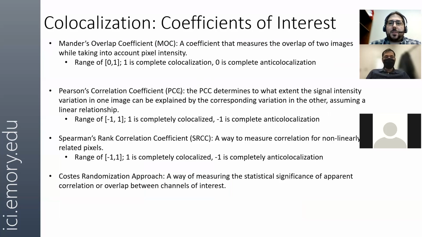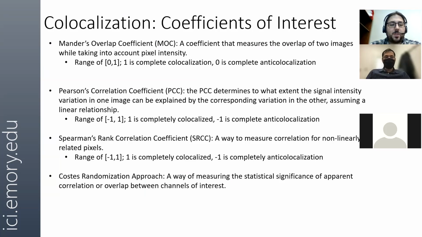Now, after all those considerations, we'll get into some of the actual coefficients that we'll use, and these are going to be determined mathematically as we're looking at the data. So some of the ones that we'll focus on are the Manders overlap coefficient, Pearson's correlation coefficient, and its modification for nonlinear relationships, which is Spearman's rank coefficient.